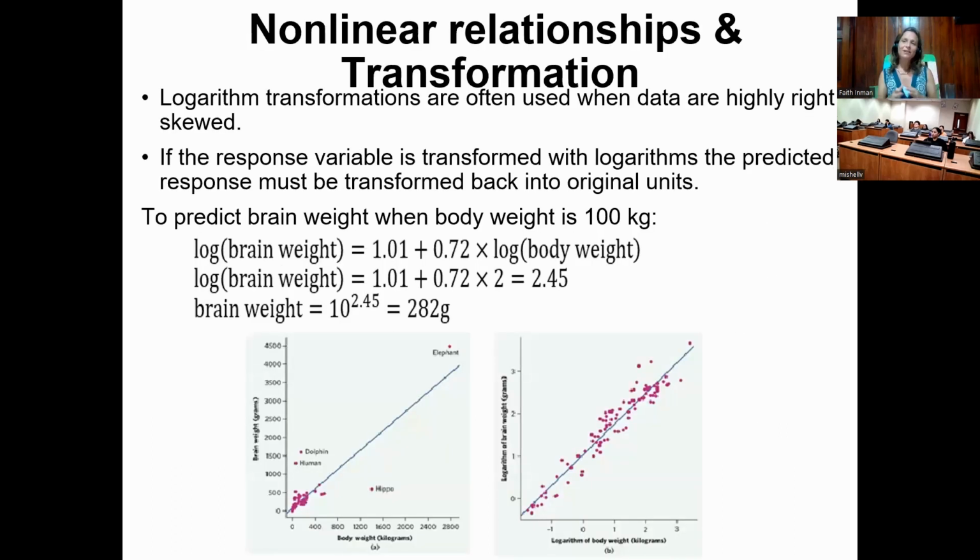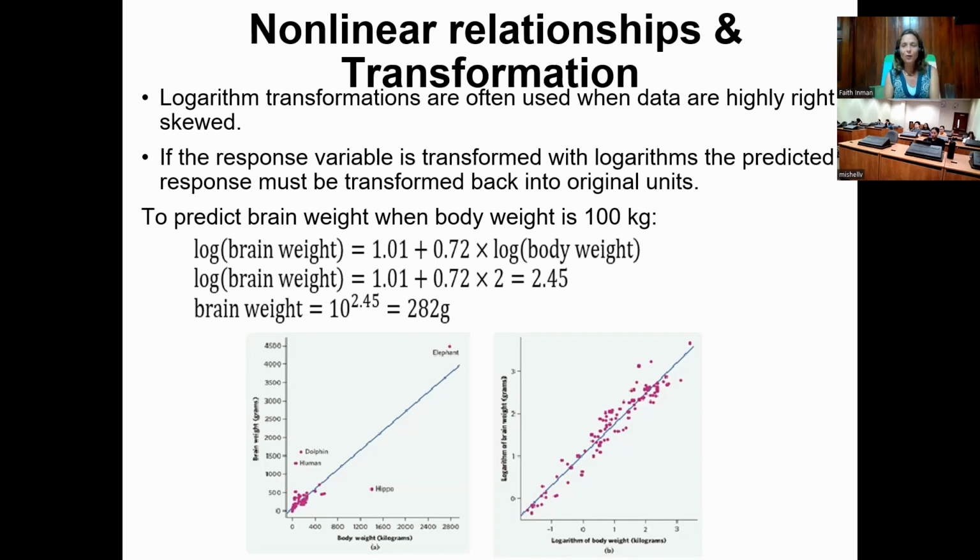Now, when you have a non-linear relationship, sometimes you can transform one or both variables to make that into a linear relationship. One of the most common transformations is the logarithm transformation. It's often used when your data are highly right skewed, which happens a lot. Our data has been right skewed a lot, right?